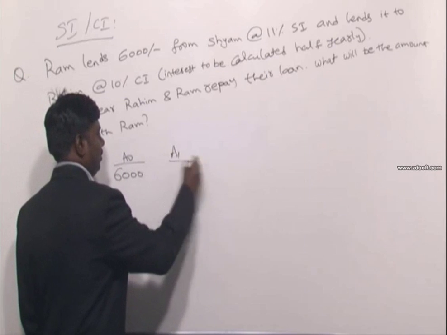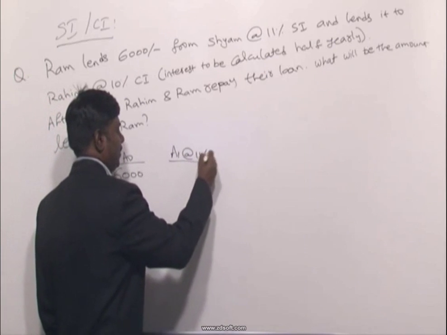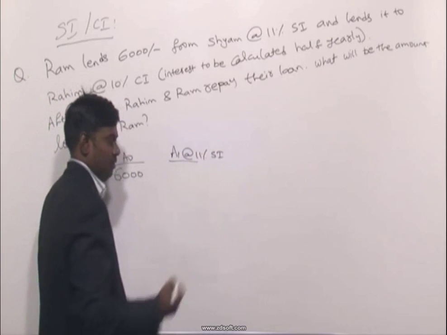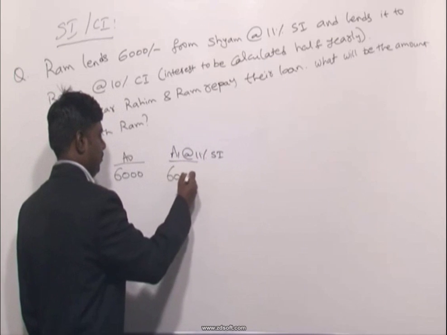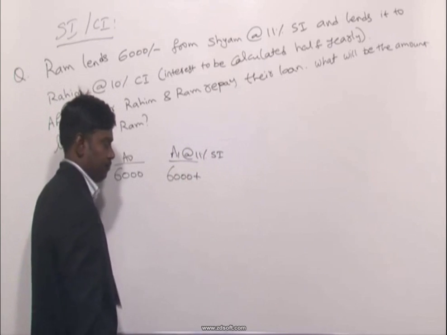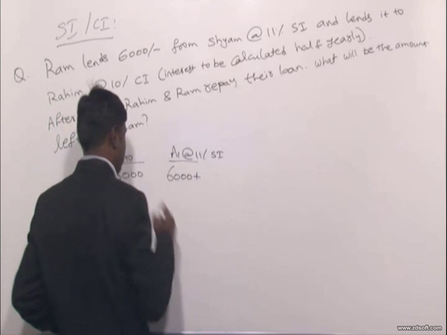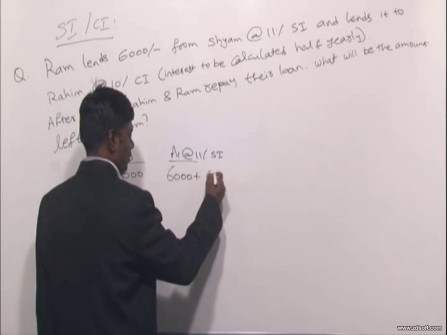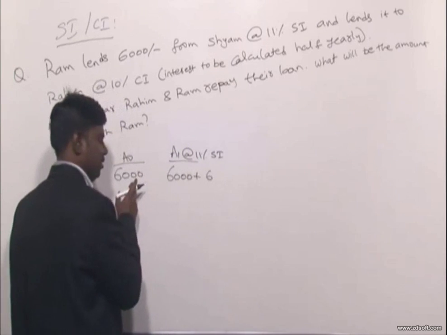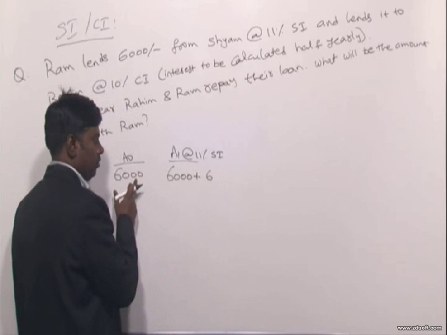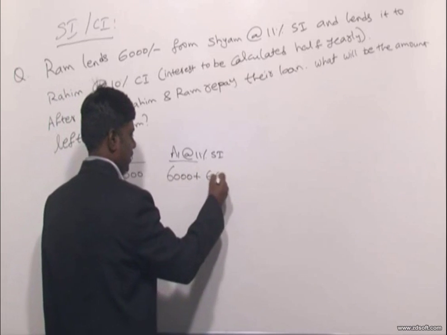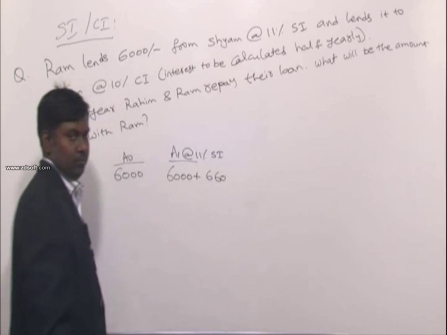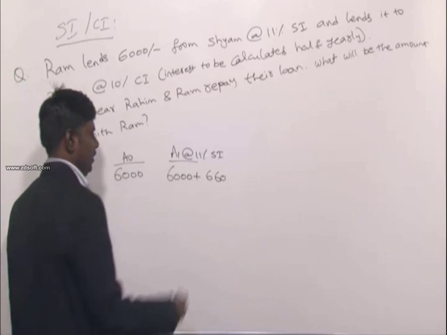A1 at the rate of 11% simple interest is 6,000 plus 11% of 6,000, that is, 10% is 600, 1% is 60, so 660. This is the interest.